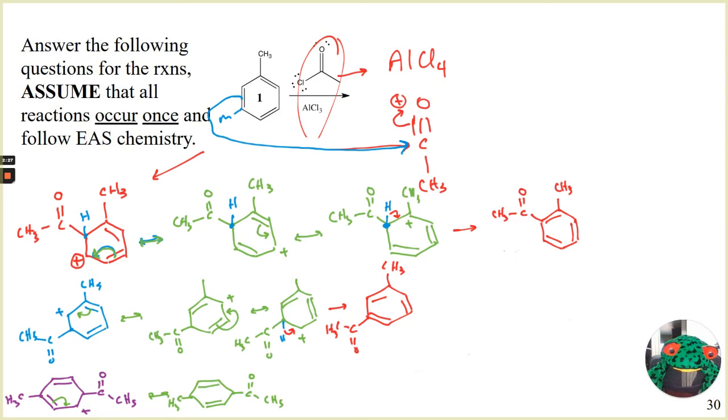And for those of you going, well, yeah, it's ortho, meta, and para. Yes, okay, but take it a step further. Should there be a preference for one product over the other? Okay, that preference always comes back to energetics, and those energetics are seen in your mechanism. Okay, that's the point of drawing mechanisms, is so that we can try and evaluate those charges.